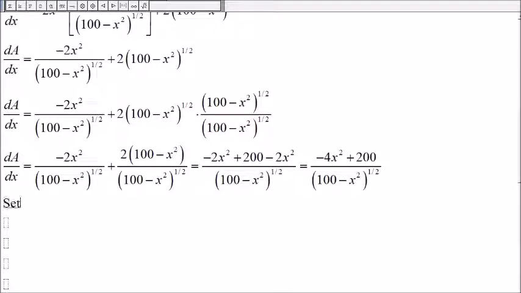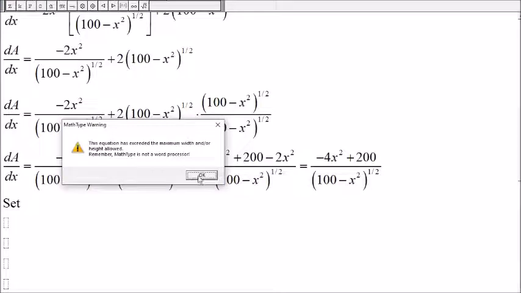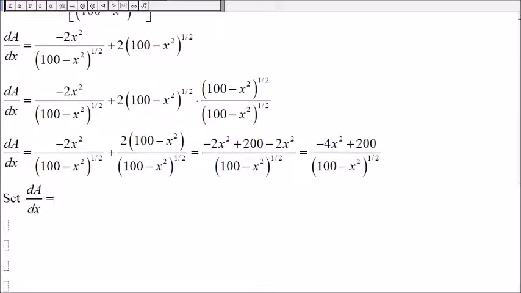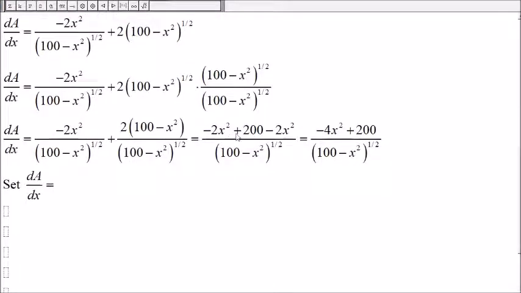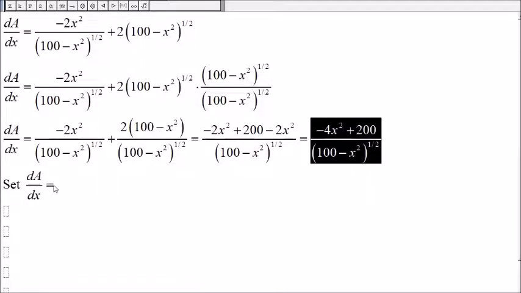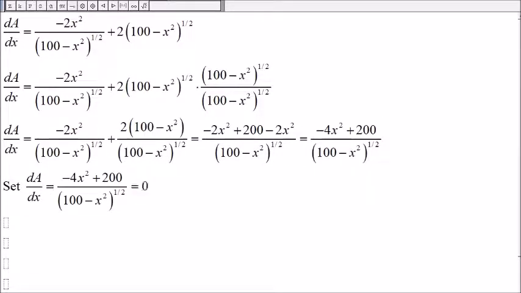And now we set the derivative equal to 0 and solve for x. We have this expression equal to 0. Since we have a quotient equal to 0, the only way it could equal 0 is if the numerator is equal to 0, since if the bottom is 0, we get undefined.